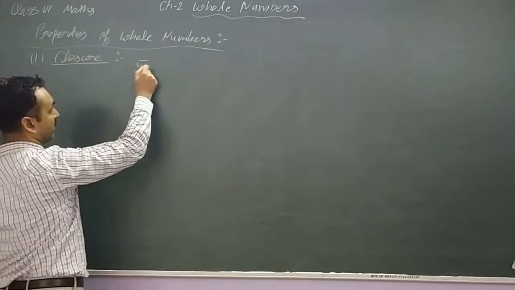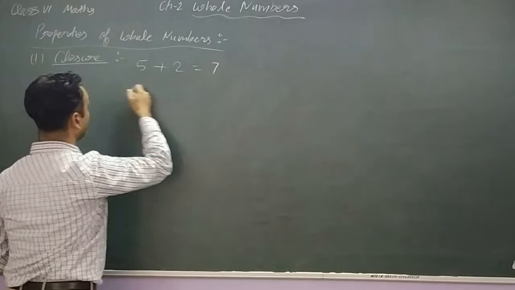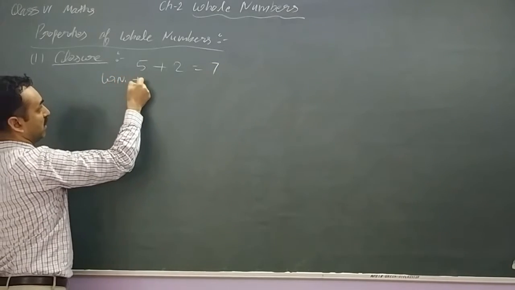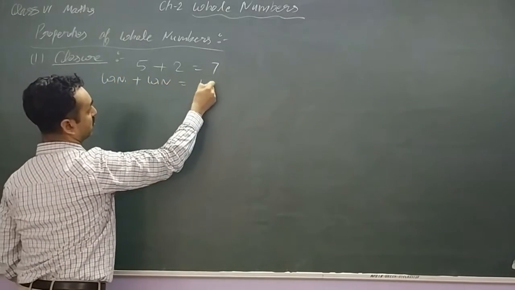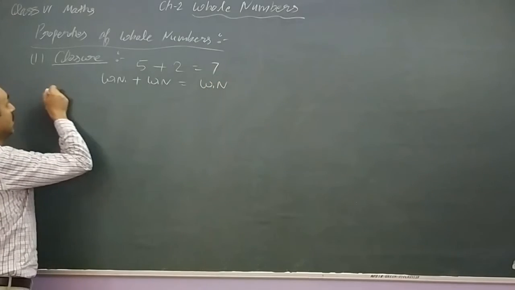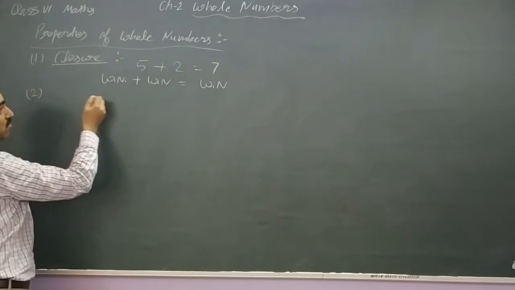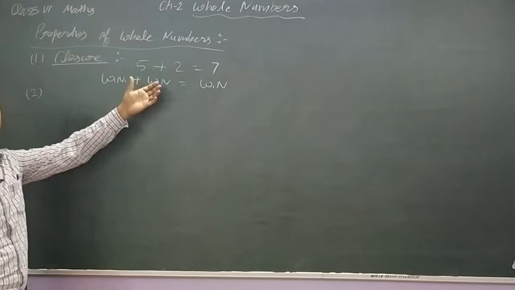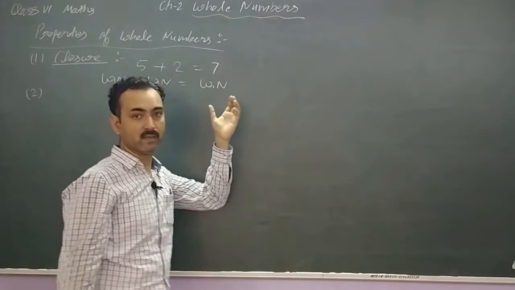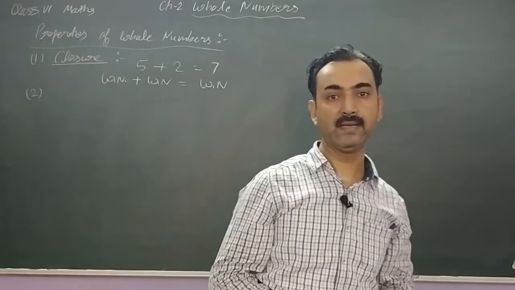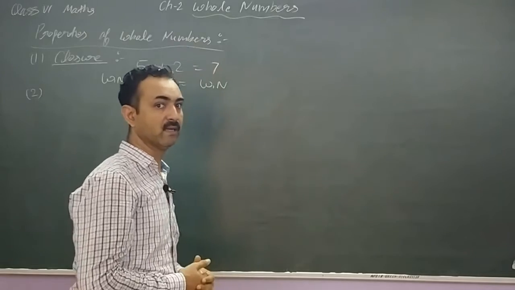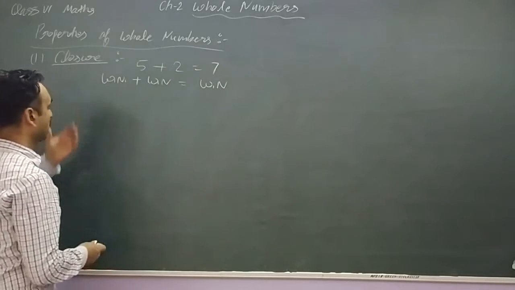Suppose you want to add 5 plus 2, you get 7. So whole number plus whole number equals a whole number. We can add two whole numbers and we'll get a whole number. This is the closure property.